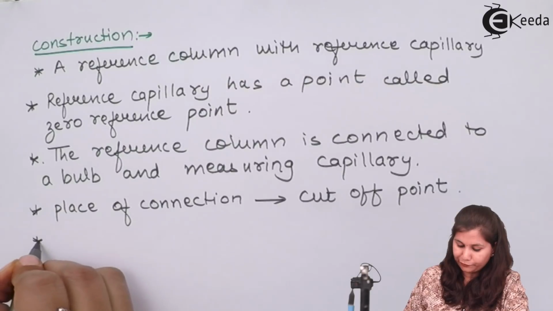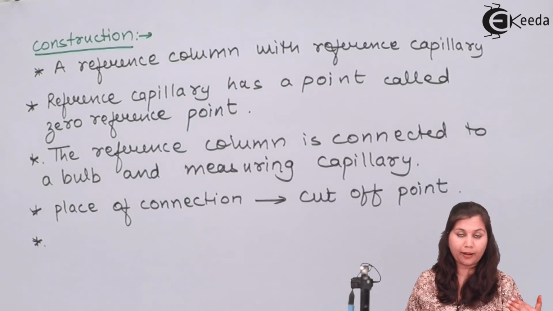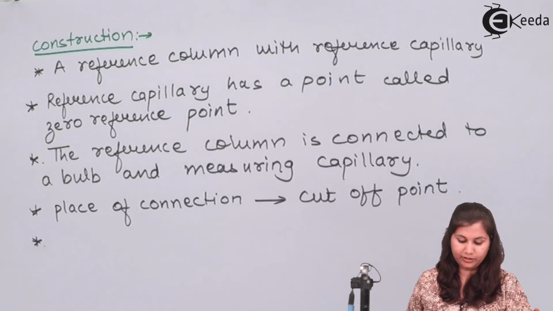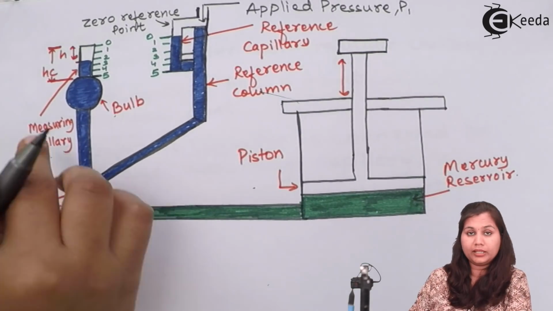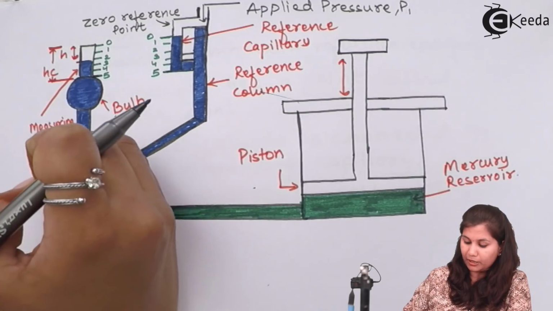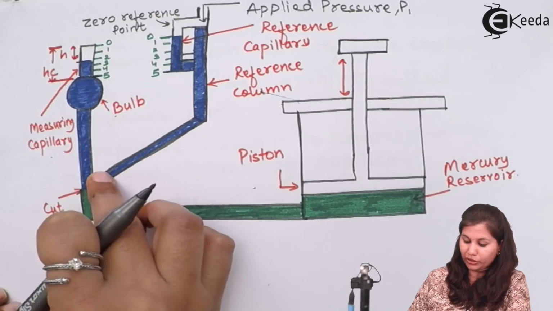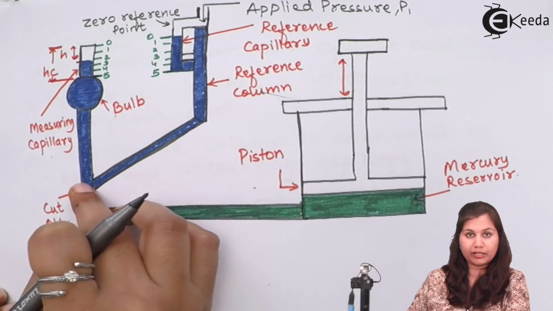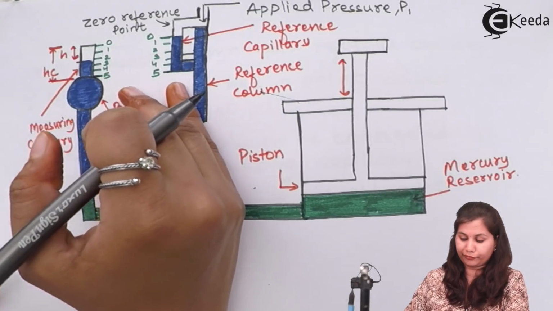It is called the cutoff point because if the mercury level is raised above this cutoff point, the entry of the applied pressure to the bulb and the measuring capillary will be cut off. When the mercury level is raised above this cutoff point, the flow of the pressure from this reference column to the measuring capillary and bulb will be cut off.